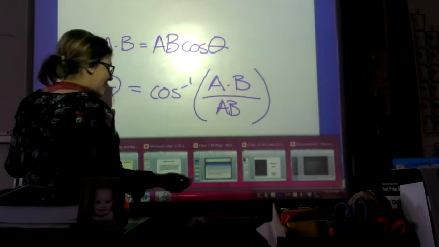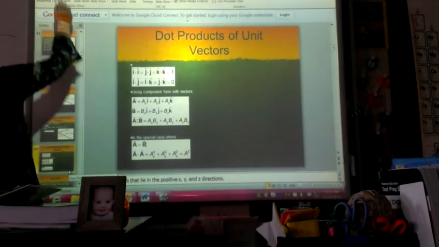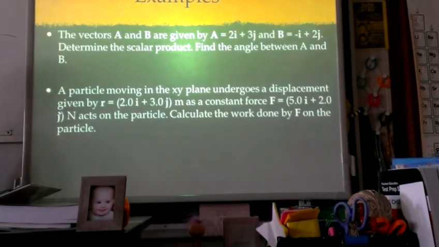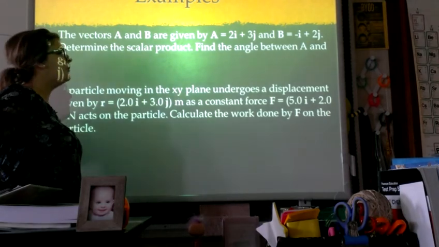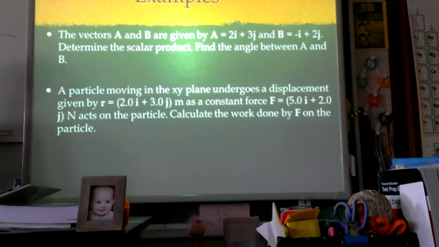So if you were to see a problem like this, what would it look like? Let's do the first one together. That first one says the vectors A and B are given by A is equal to 2I roof plus 3J roof, and B is equal to negative I roof plus 2J roof. Determine the scalar product, and then find the angle between A and B. So first thing, I just want to find A dot B. I just want to find that scalar product.